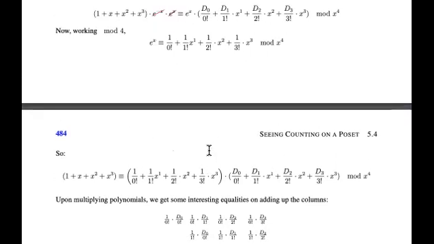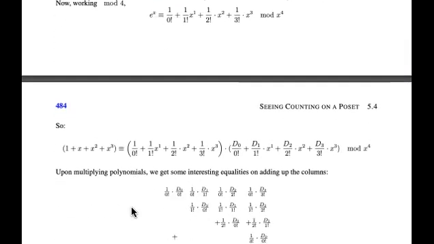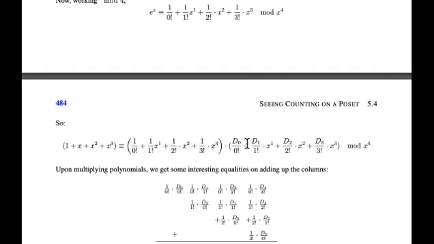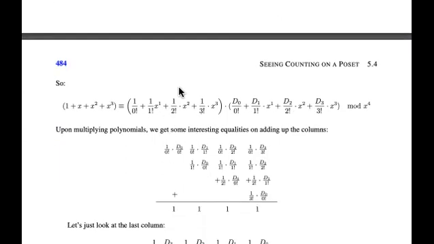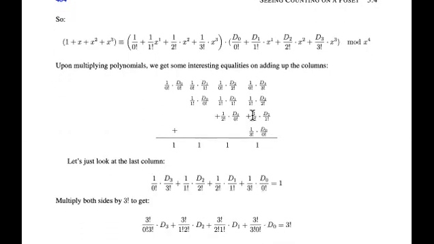We substitute it in, and on this side we have that. And then we multiply these polynomials together using this tabular method. And we should get that this sums to 1, this sums to 1, this sums to 1, this sums to 1. Just looking at this last column, that plus that plus that plus that is 1.